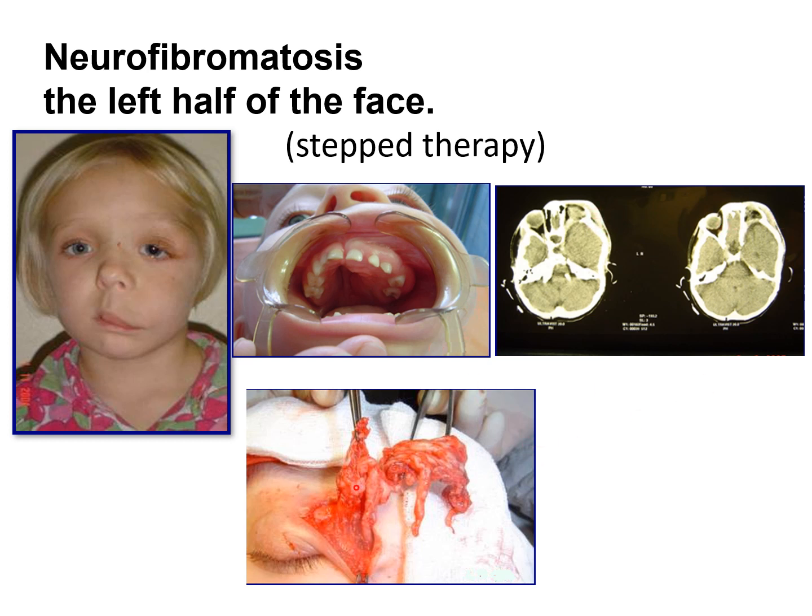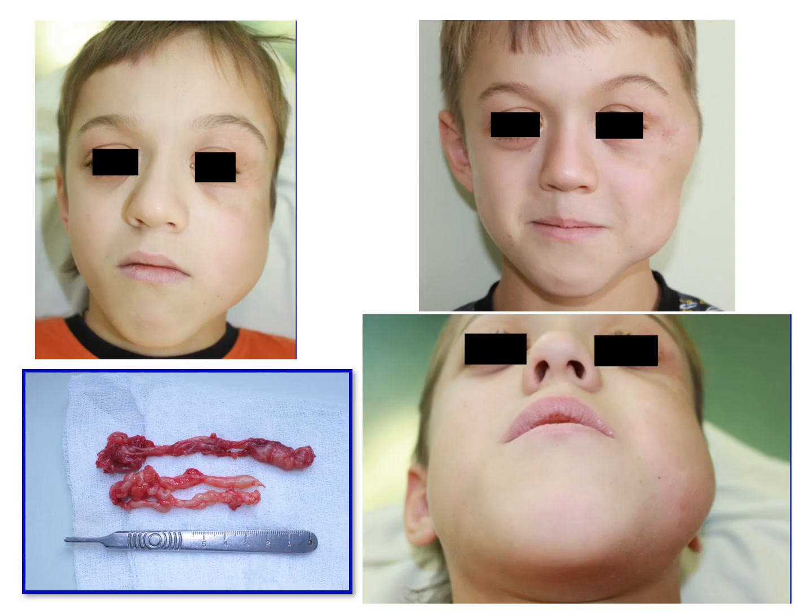So we can provide it without the neurosurgeons. One more case of neurofibromatosis, before and after treatment. This is the common look of neurofibromas. This is the classical look of the neurofibromas that were extracted from this child.